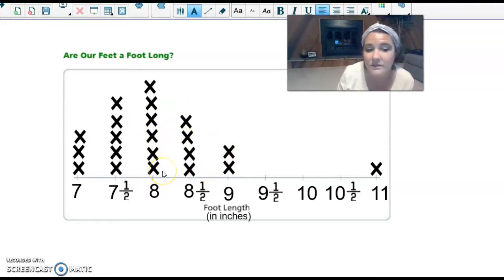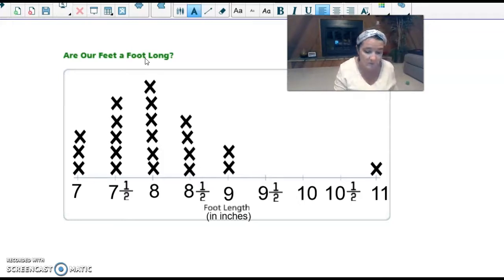I would say the typical length would be about 8 inches because a lot of data falls on this side and this side, but then the most is 8 inches. So I'd say the typical length is about 8 inches.